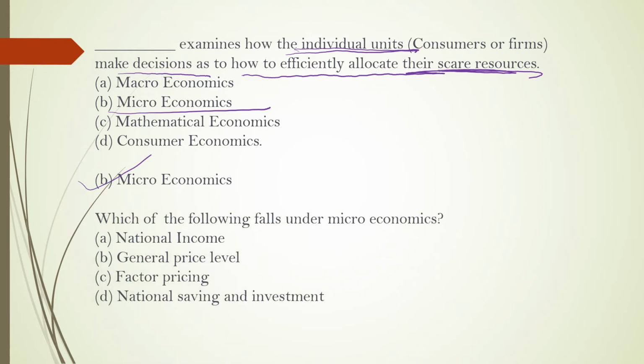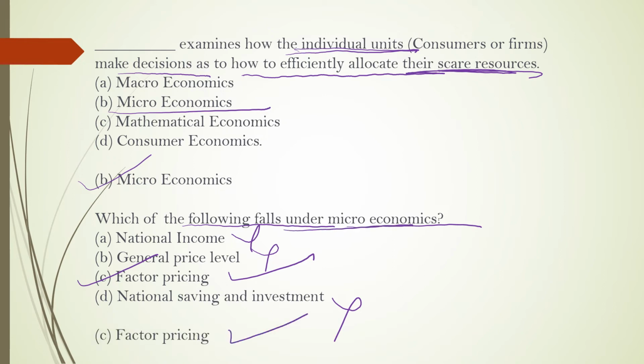So next one is, which of the following falls under microeconomics? National income, macroeconomics. General price level, macro. Then factor pricing, micro. National saving and investment is also macroeconomics. So the right answer is factor pricing falls under microeconomic analysis.